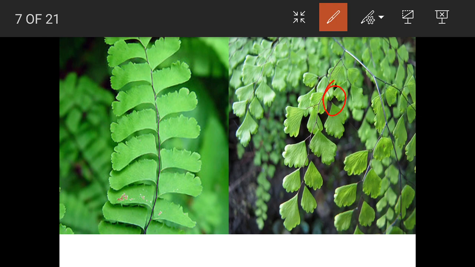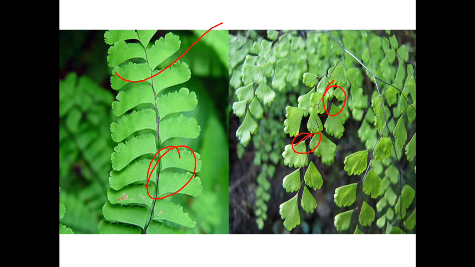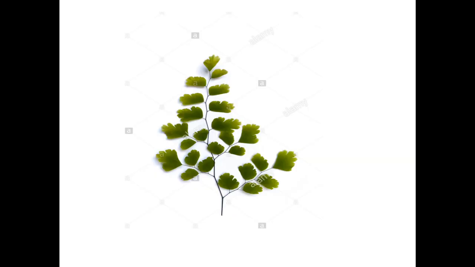Petiolated leaves. Here it may be sessile or a very short petiole is present. You can find the difference here. Very short or no petiole is present. Here the petiole, or the stalk of the leaf, is very long. So this is all about the petiole of the leaf, or the morphology of the leaf.